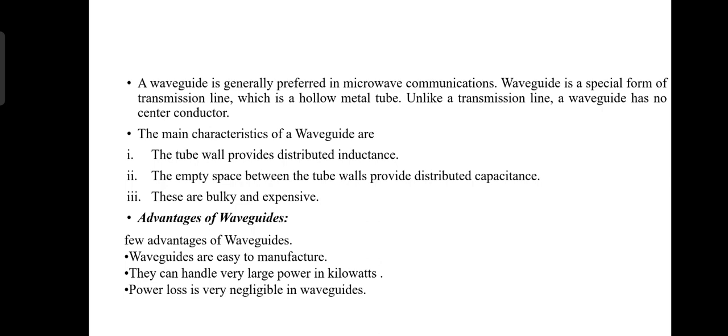And let us understand the advantages of waveguides. Few advantages of waveguides are easy to manufacture. They can handle very large power in kilowatts and the power loss is very negligible in waveguides.